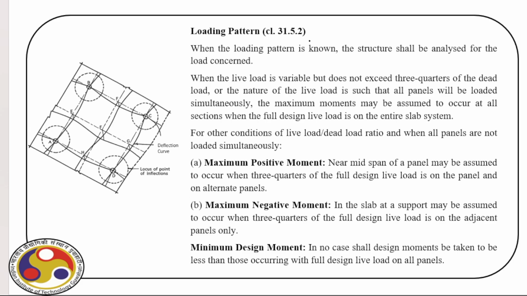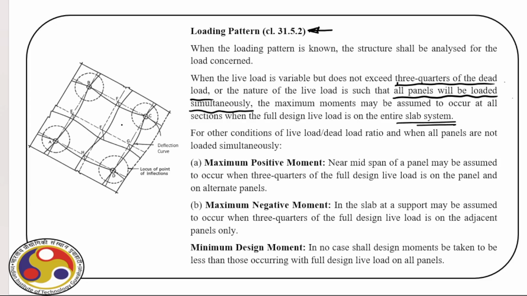Then comes the loading pattern, which is given in 31.5.2. When the loading pattern is known, the structure shall be analyzed for the load concerned. So when the live load is variable but does not exceed 3/4 of the dead load, or the nature of the live load is such that all panels will be loaded simultaneously, the maximum moment may be assumed to occur at all sections when the full design live load is on the entire slab.